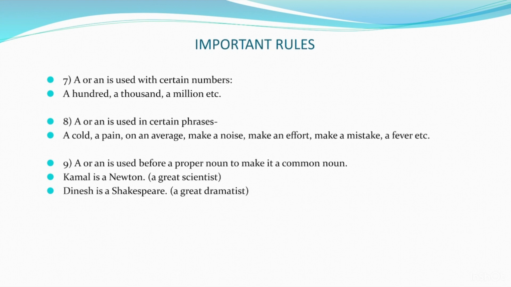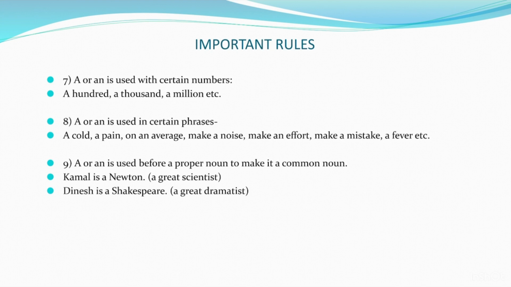For example, a hundred, a thousand, a million, etc. A or an is used in certain phrases like a cold, a pain. As we say that I have caught a cold, I have a pain in the neck, like this. On an average, make a noise, make an effort, make a mistake, a fever, etc.